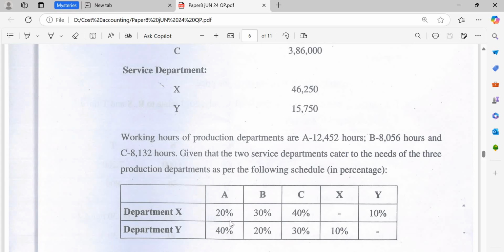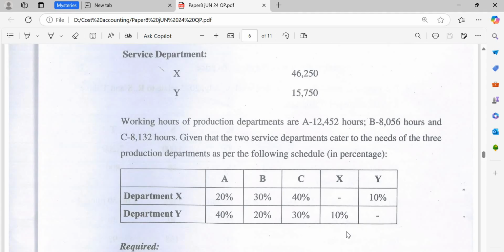If I'm calculating 20 plus 30 plus 40 plus 10, it is 100% only. In the same way for Y, it is 100% only. Department X is rendering service to Y, and in the same way Y is rendering service to X. So each service department is rendering services to another service department as well.